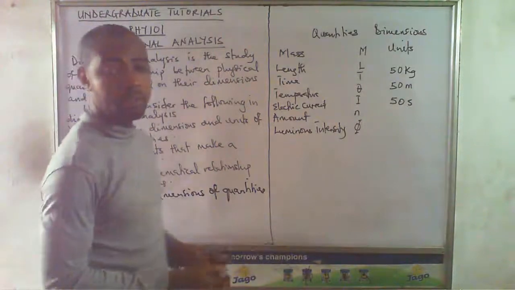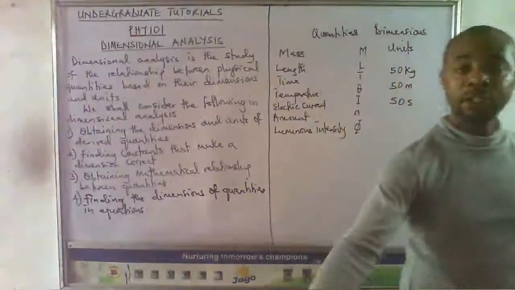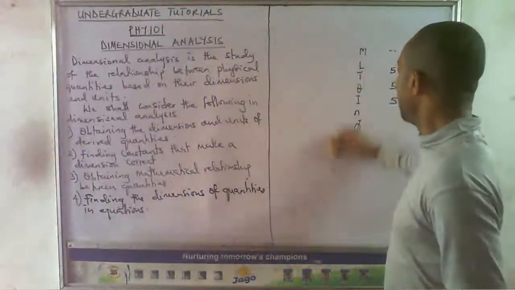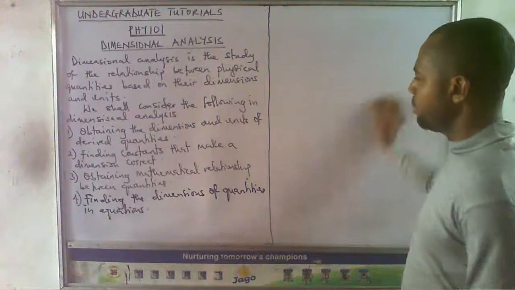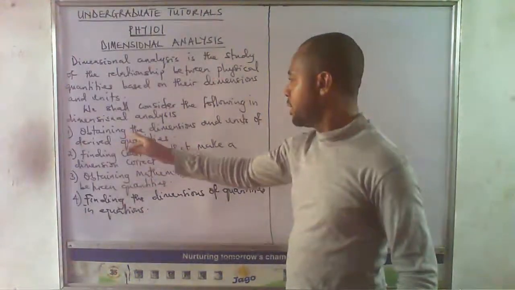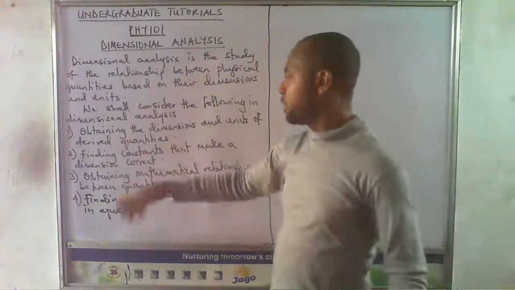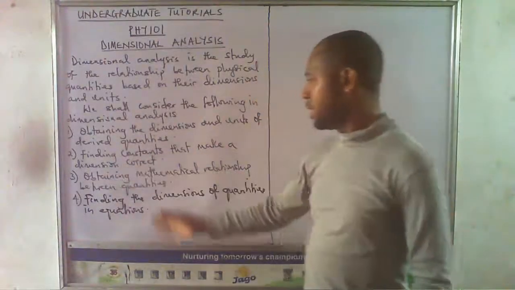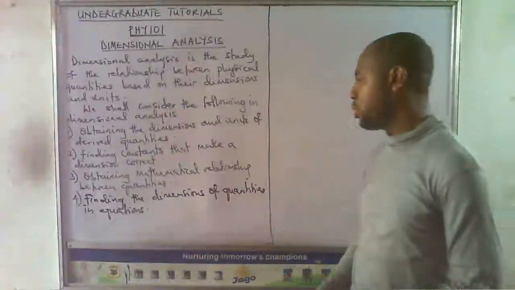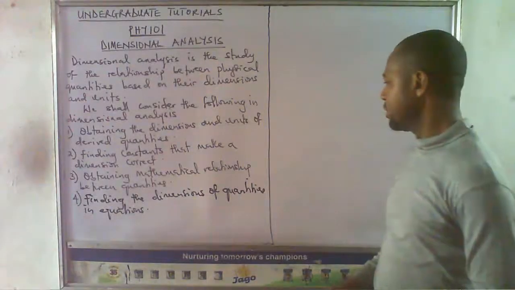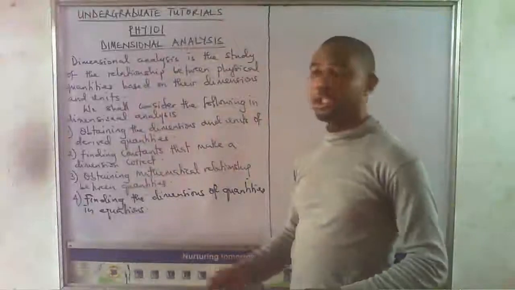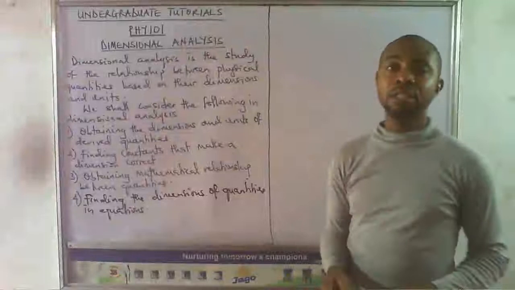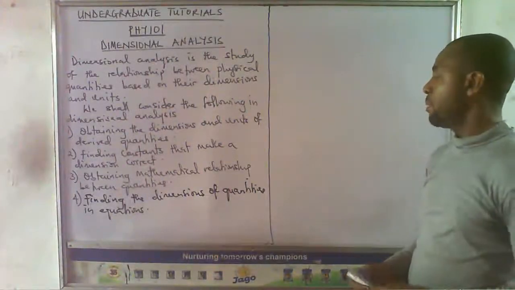So these are the 4 things we are going to consider as far as dimensional analysis is concerned. So we'll look at how we can obtain the dimensions and units of derived quantities, then finding constants that make a dimension correct, then obtaining mathematical relationship between quantities, and finally finding the dimensions of quantities in equations. So when we have a formula, we can actually find the dimensions of quantities in that formula, or maybe an equation, as the case may be.